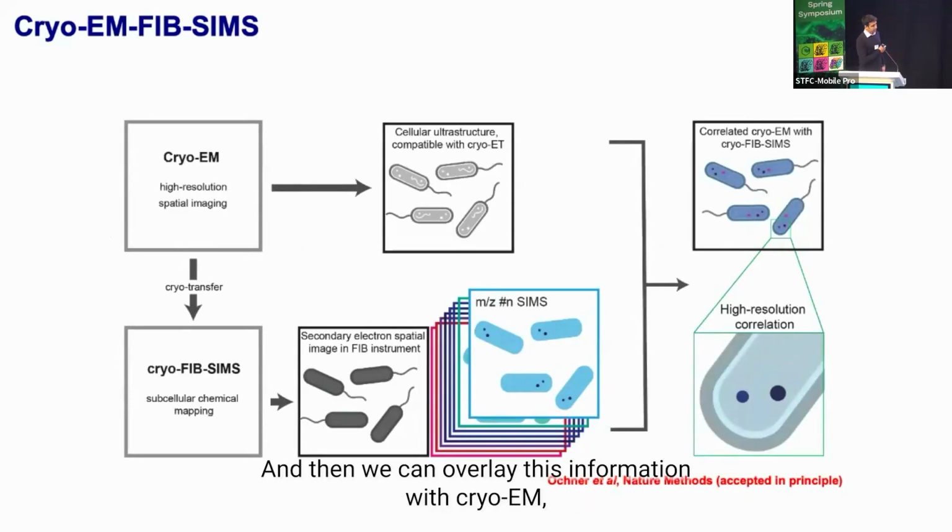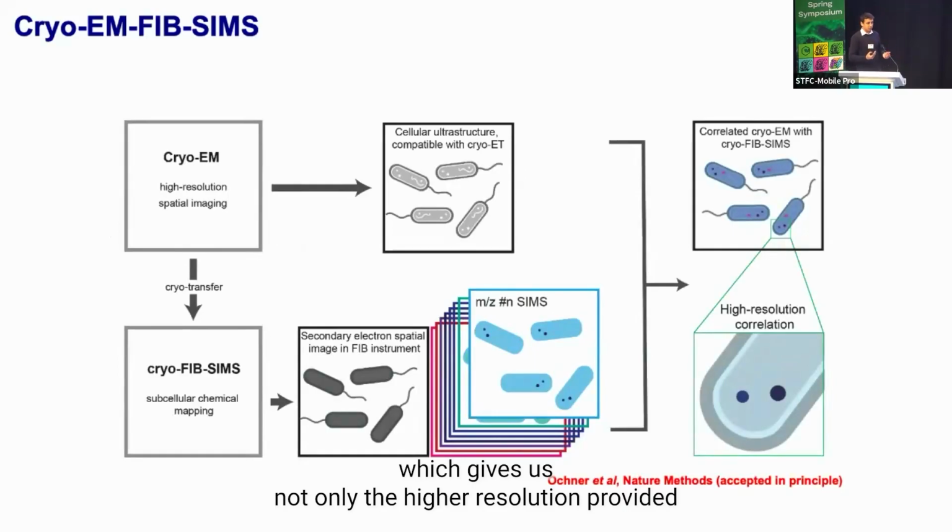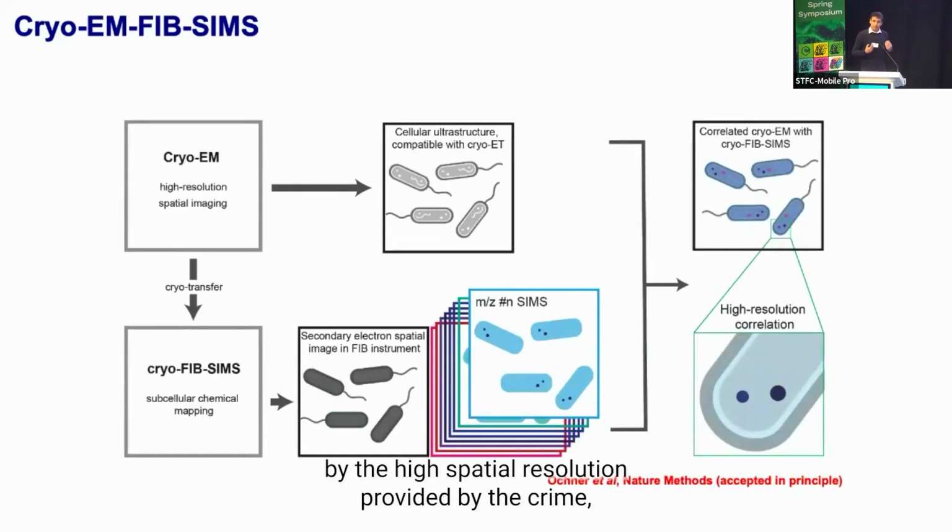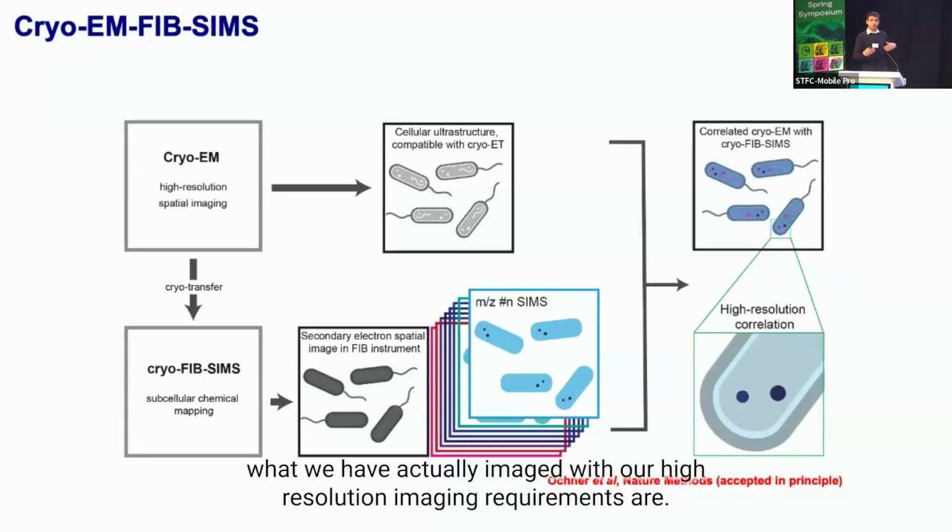Then we can overlay this information with cryo-EM, which gives us not only the high spatial resolution provided by the cryo-EM, but also information in the chemical dimension, allowing us to identify what we have actually imaged with our high resolution cryo-EM imaging.